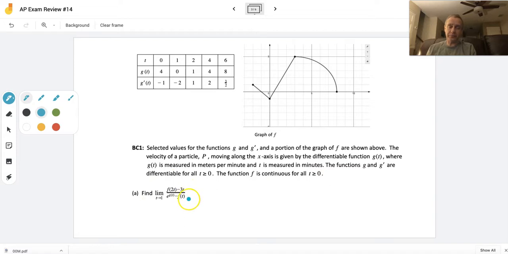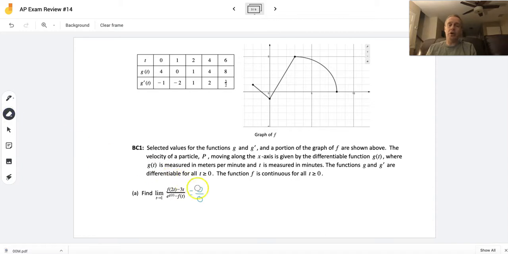Now, when you go to evaluate this particular limit, if it winds up being an indeterminate form, that is 0 over 0 or infinity over infinity, and you write this on your exam, I'm guaranteeing you that you will lose credit. They've said it multiple times, and I've said it as well. You cannot write this here. This is not acceptable.